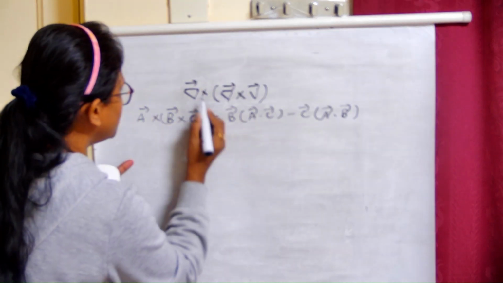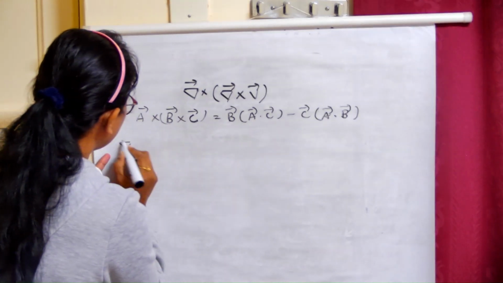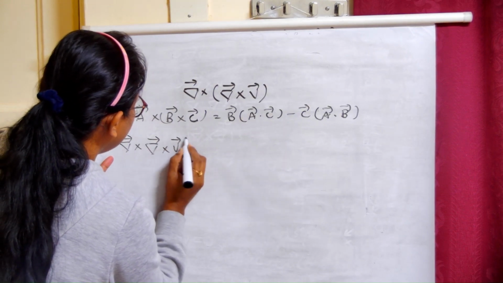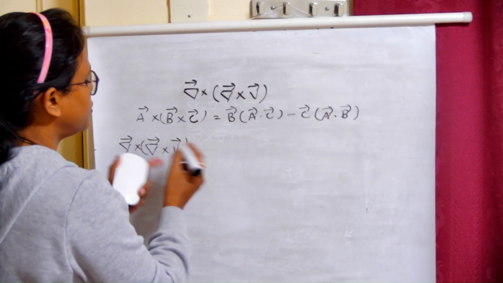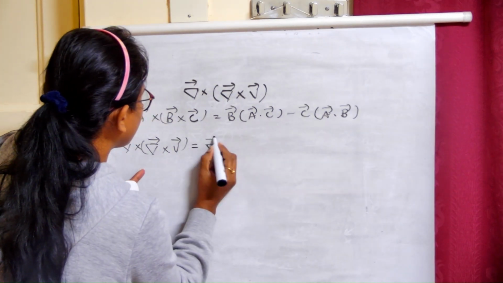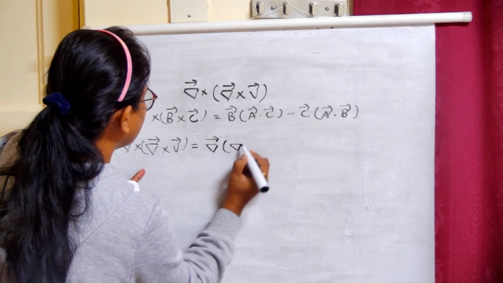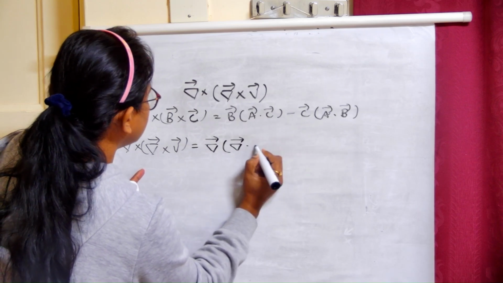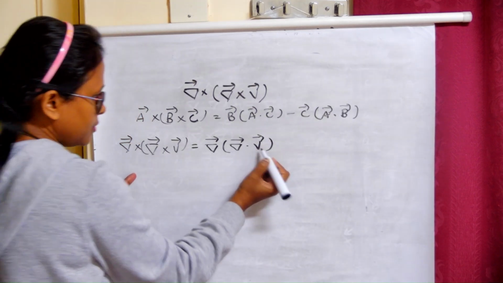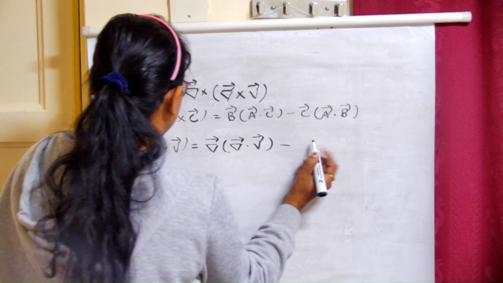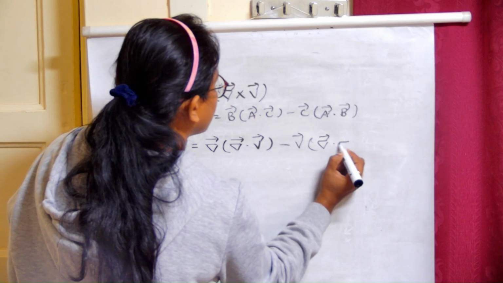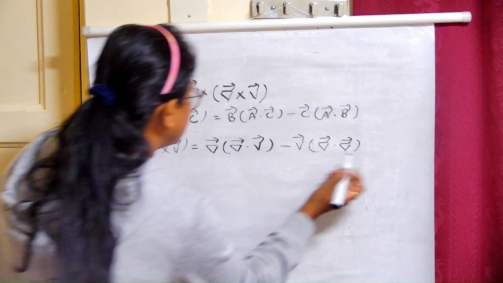If we apply this formula for this one, del cross del cross v, that means curl of curl of a vector, can be written as del bar of del bar dot v bar, that means gradient of divergence of a vector, minus del bar dot del bar.